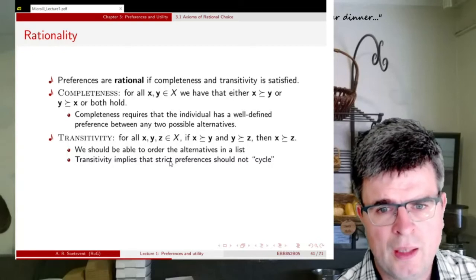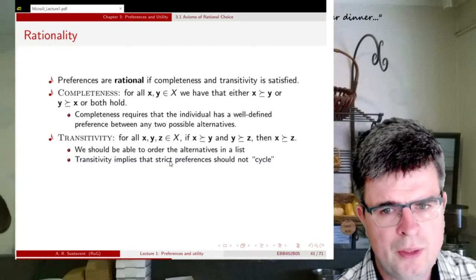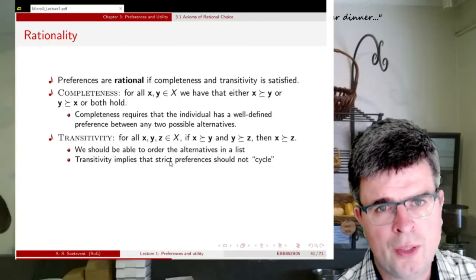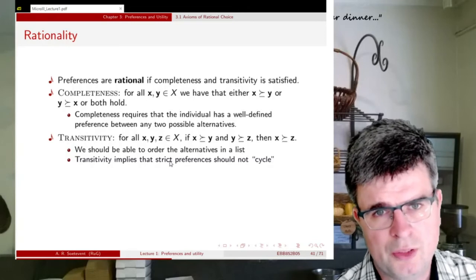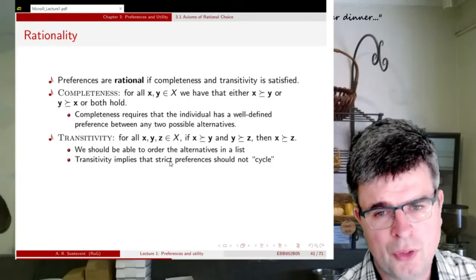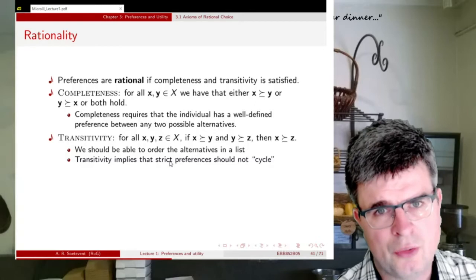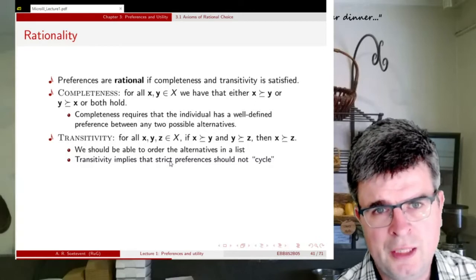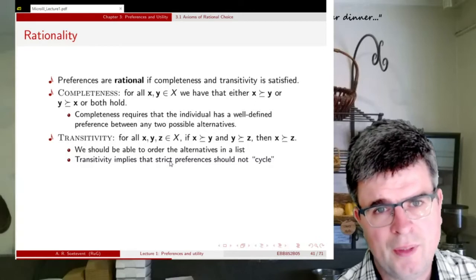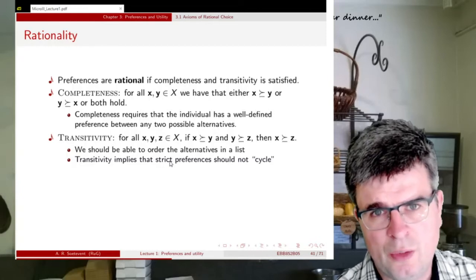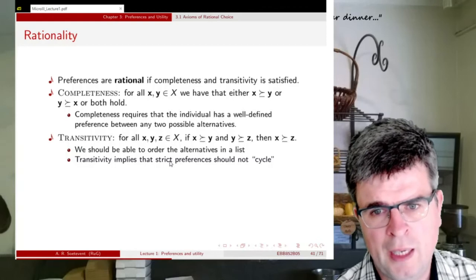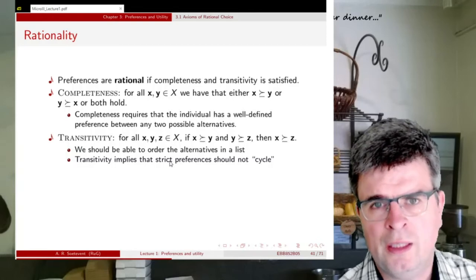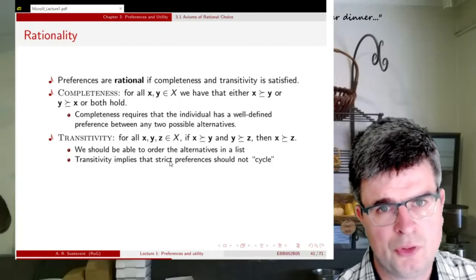And this is helpful because this avoids that the preferences of people cycle. So this prevents that we observe an individual choosing x over y, then y over z, but then at the same time preferring z over x. So that cannot be. So we should be able to order the alternatives from top to bottom.